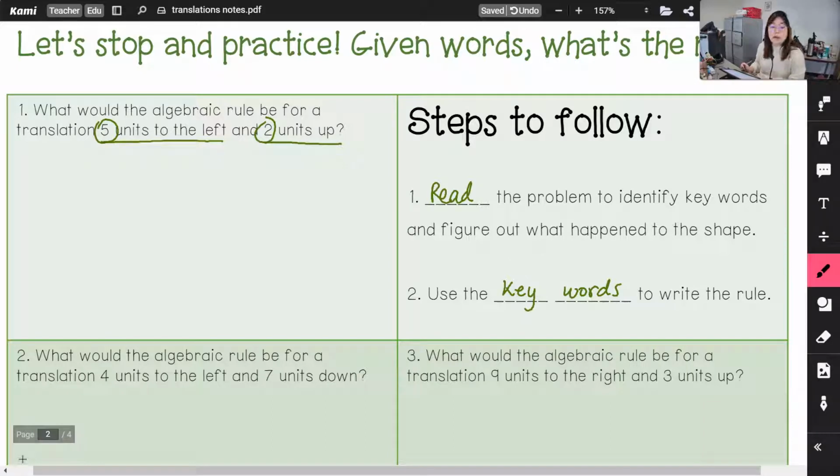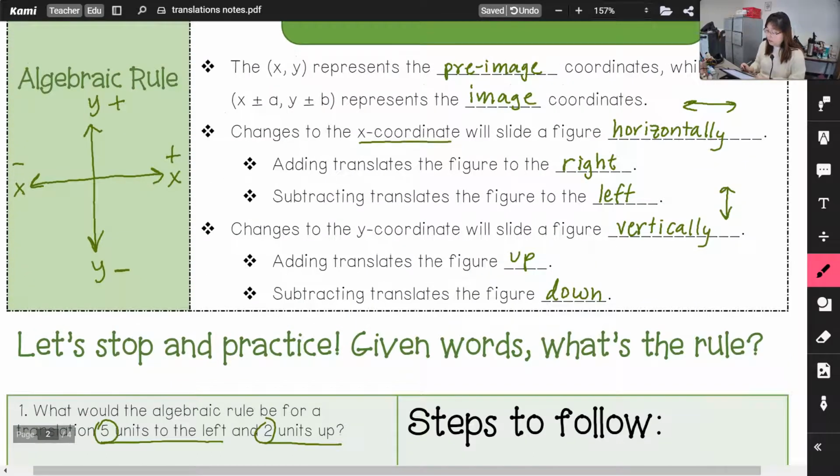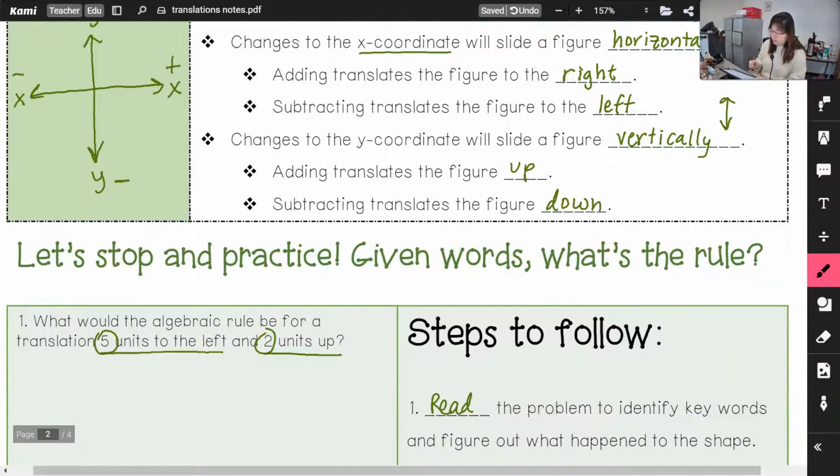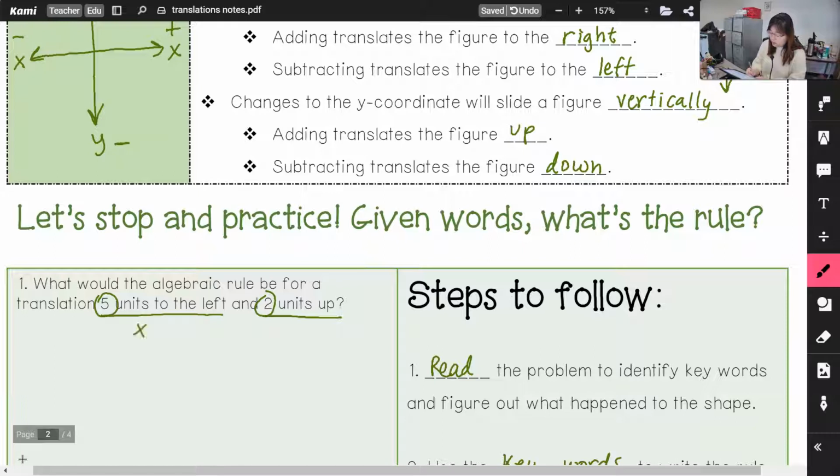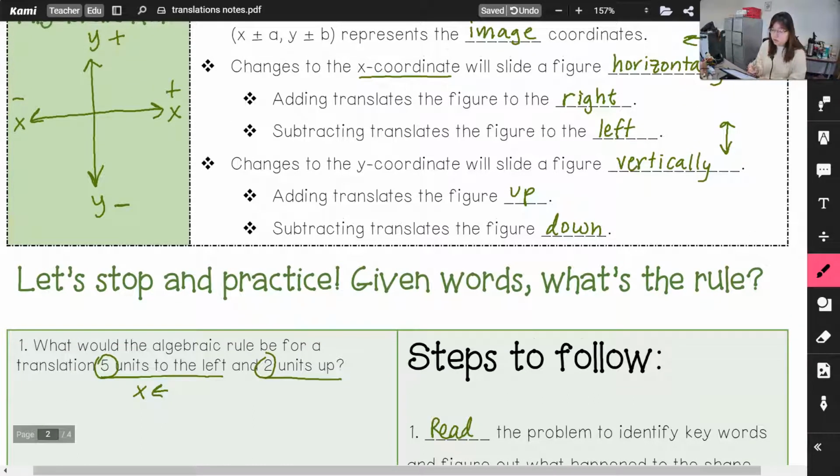When we're going left, that is a change to the x-coordinate according to this right here. Subtracting translates the figure to the left, right? So moving to the left affects x, and when you move to the left, x is getting negative. You're subtracting from x.